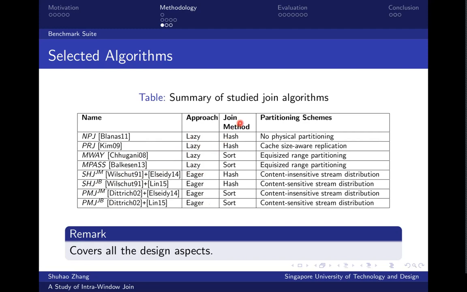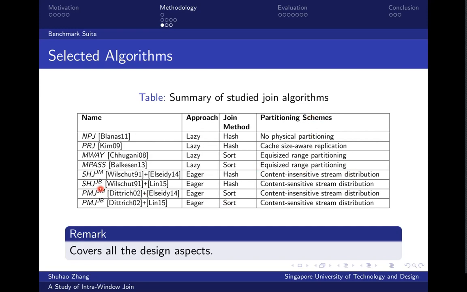They also cover both hash and sort join methods. The non-partition join, radix partition join, and symmetric hash join belong to the hash join methods, while multi-way multipass and progressive merge join belong to the sort join methods. Finally, they cover different partition schemes.